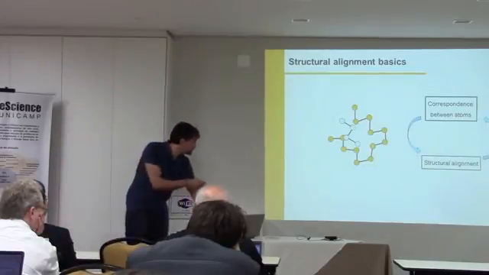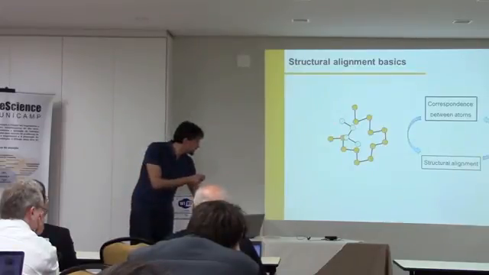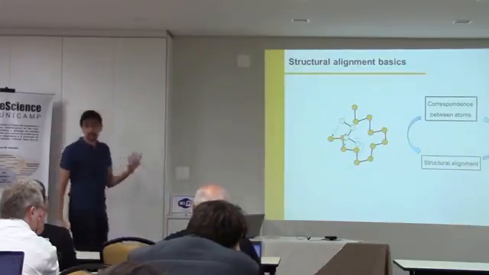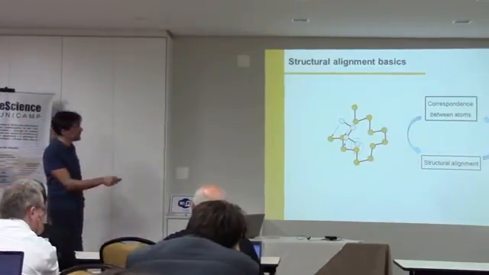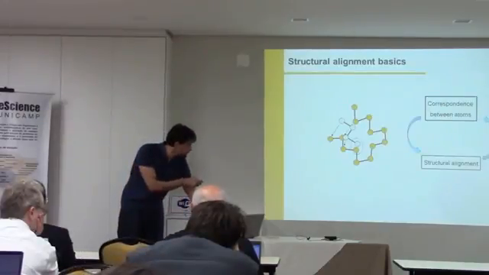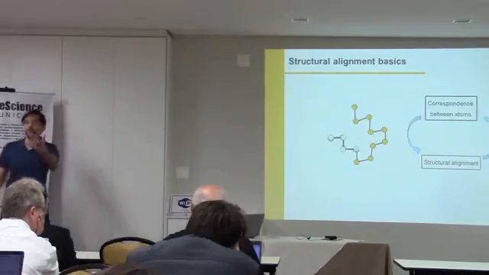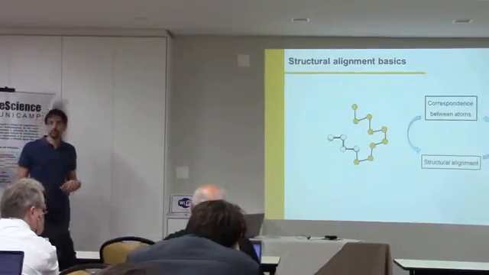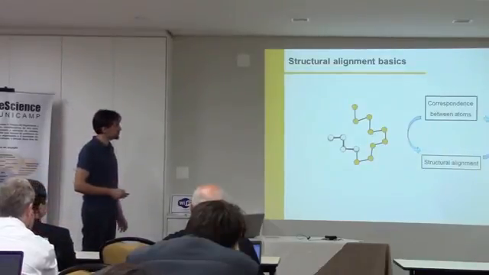Now I have a new relative orientation of the structures in space, and I can use this new relative orientation to define a new correspondence between atoms. And with this new correspondence, I can now move one of the structures again in order to obtain the best movement that superimposes the atoms of the two structures involved.